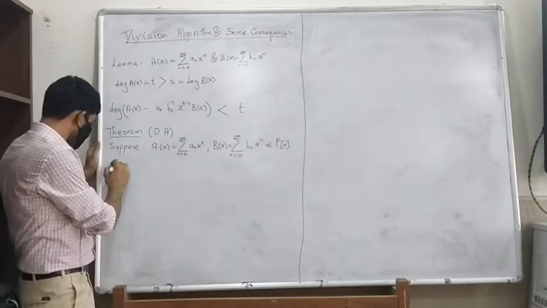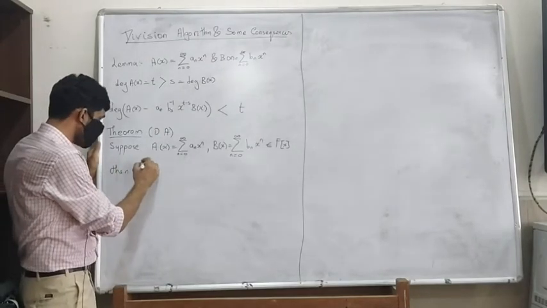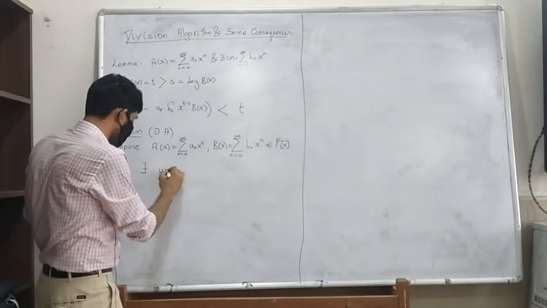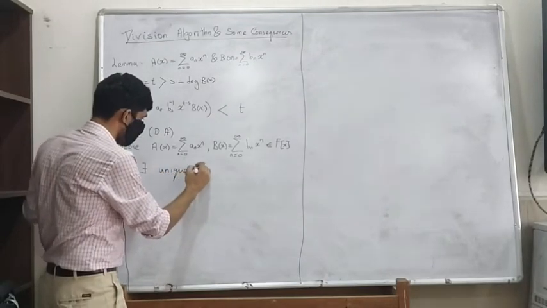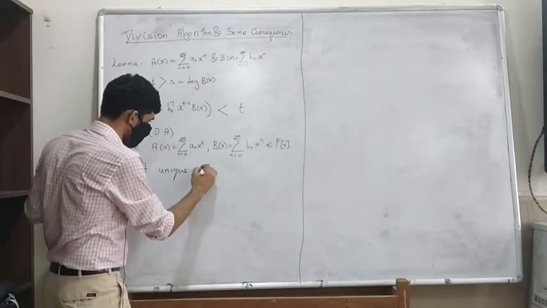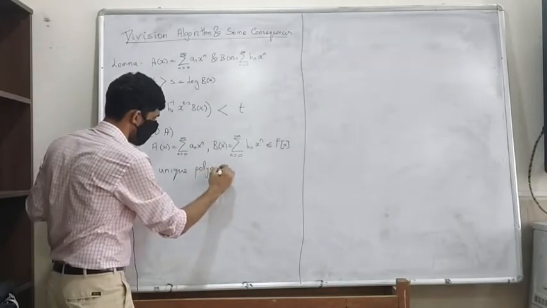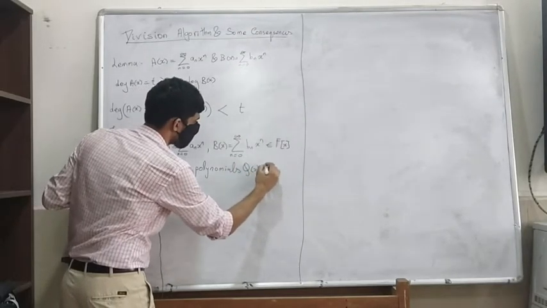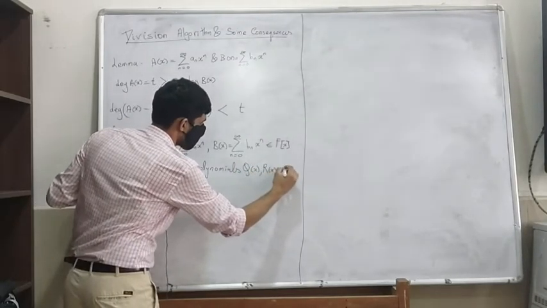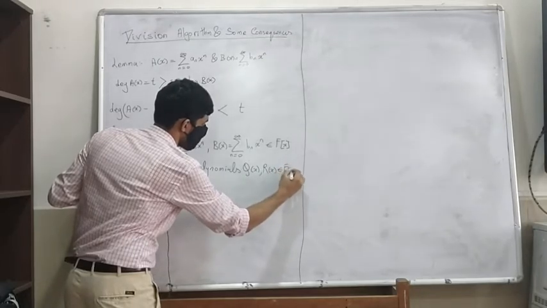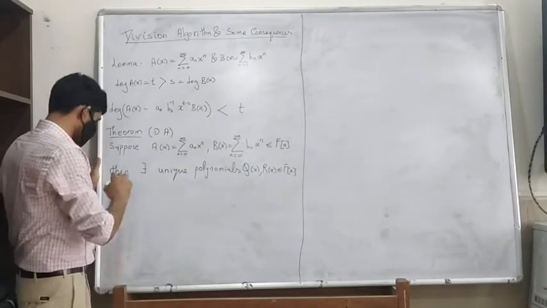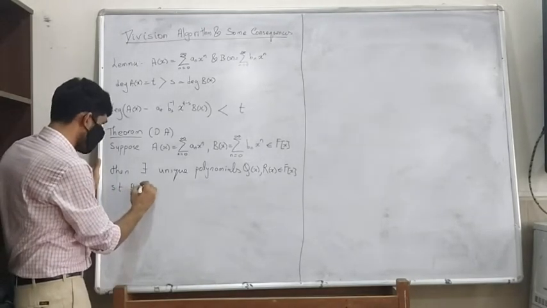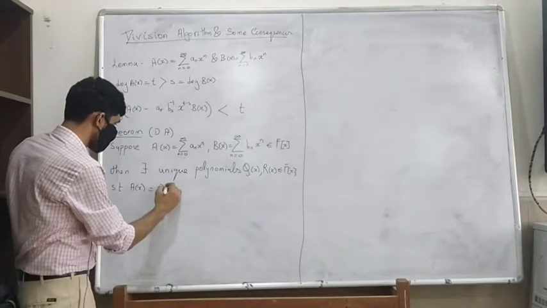Then there exist unique polynomials, this is what we are going to prove, q(x) and r(x) in F[x], such that you can write a(x) as b(x) times q(x) plus r(x).